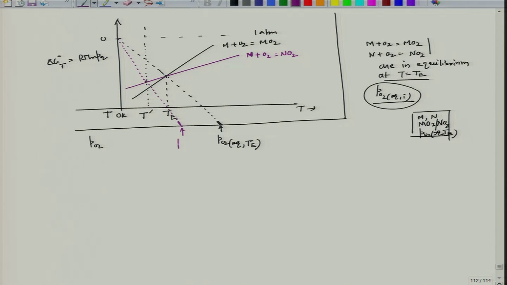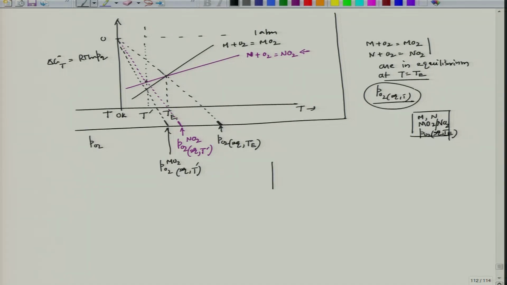So, this is PO2 equilibrium at T prime for NO2, I am just writing NO2, this oxidation process. Now, for this I can also find what is the equilibrium partial pressure. I have to just connect this point, extend it and see that here it is cutting. So, this is PO2 for MO2 equilibrium at T prime.